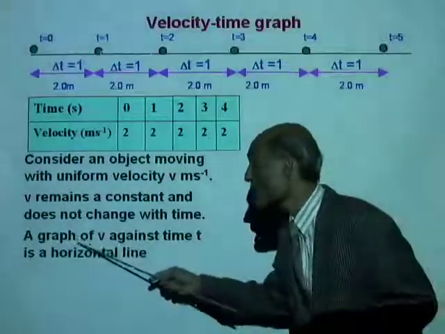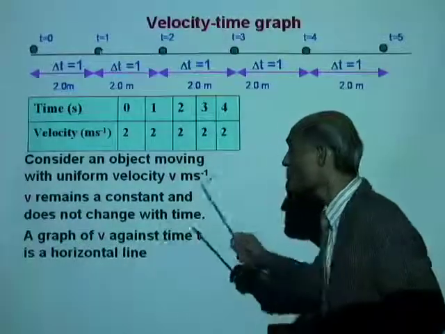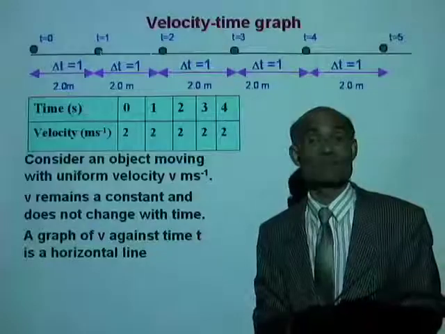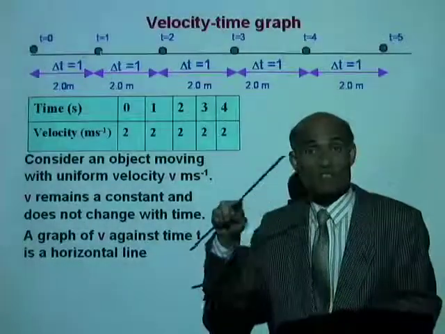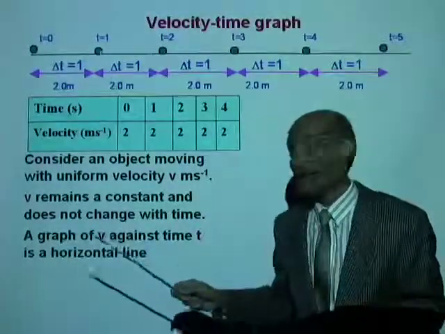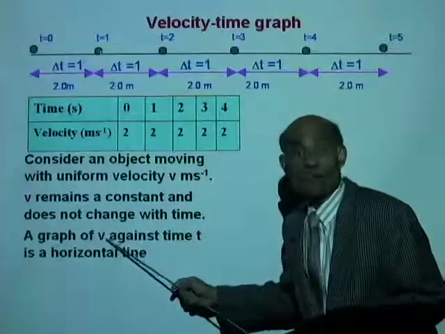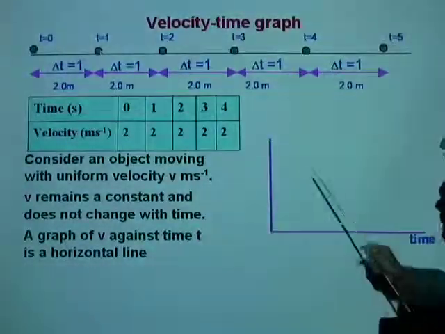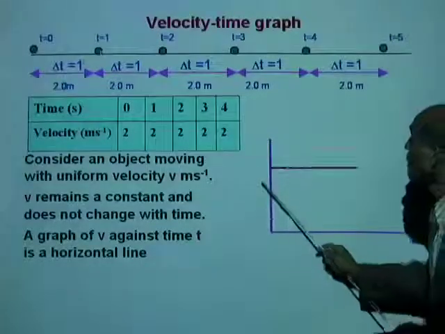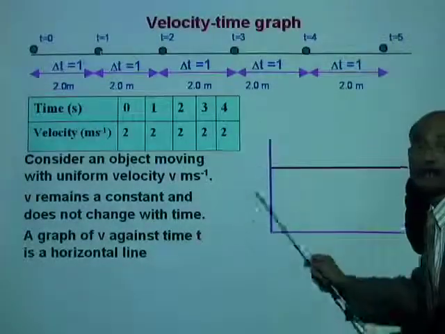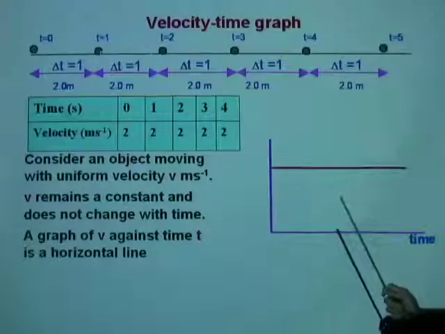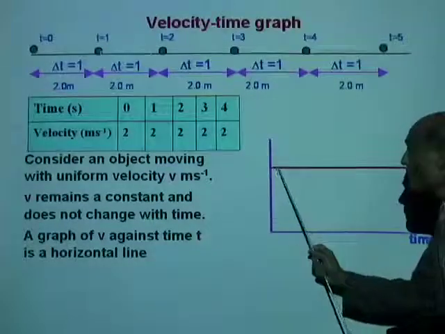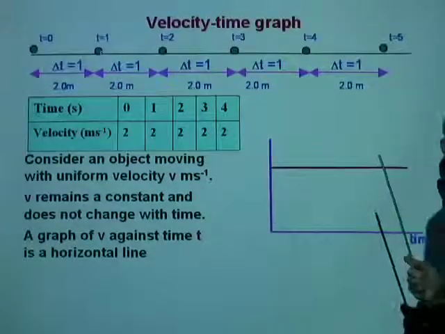How will a graph of v against t look? Since the velocity does not change with time, a graph of velocity against time will be a horizontal line. Now, if I draw velocity on the vertical axis and time on the horizontal axis, that will be a straight line.